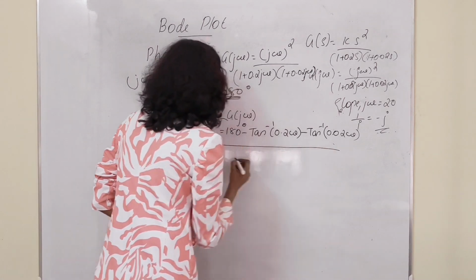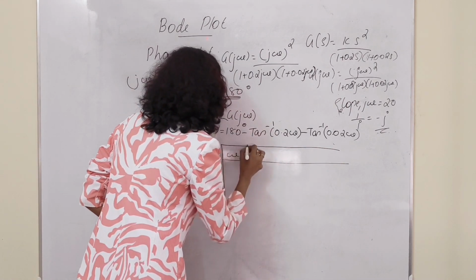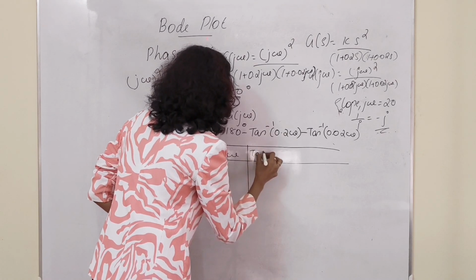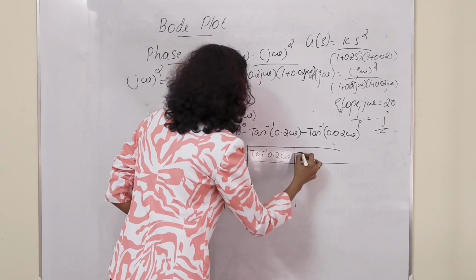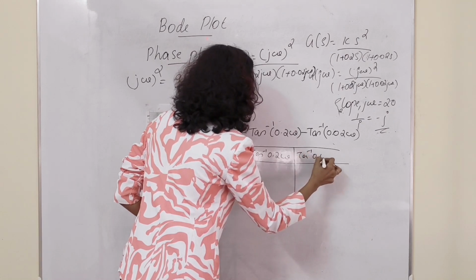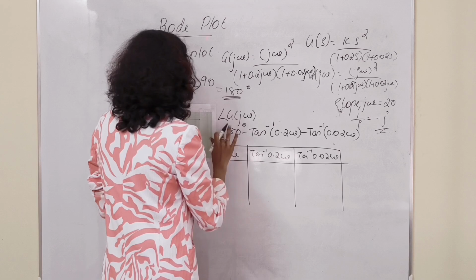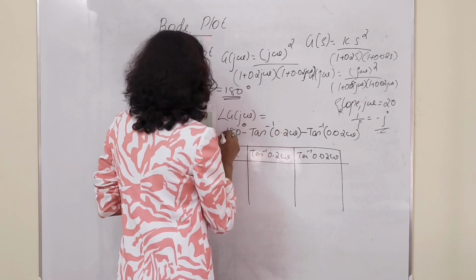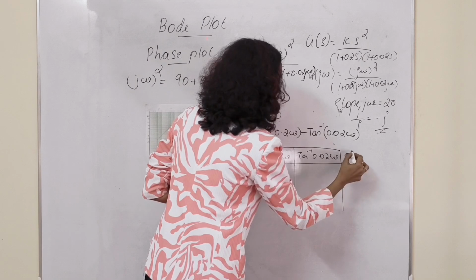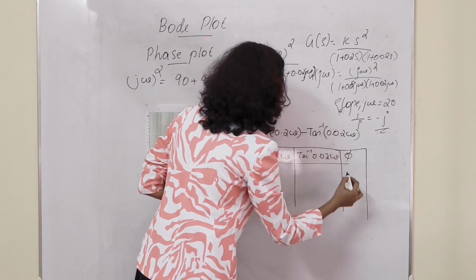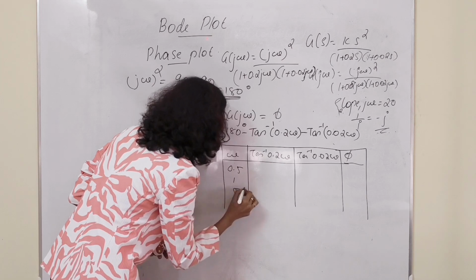Here I make a tabular column for omega, tan inverse 0.2 omega, then tan inverse 0.02 omega, then phi, the angle of G of j omega, which I take as phi. The omega values are 0.5, 1, 5.